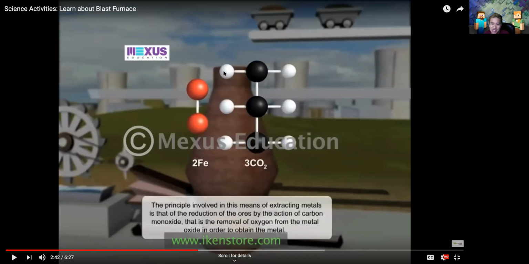So what happens is there is a reduction. Here, the two irons are left, and then these three carbon and three oxygen atoms. So the compound here, your 3CO, became 3CO2.